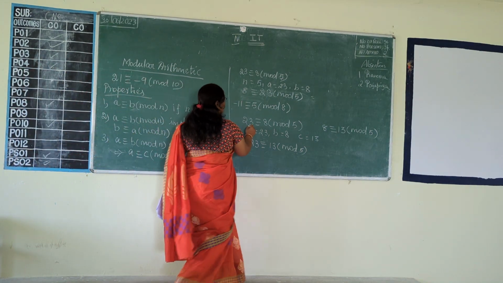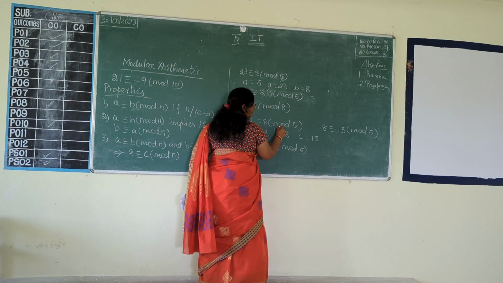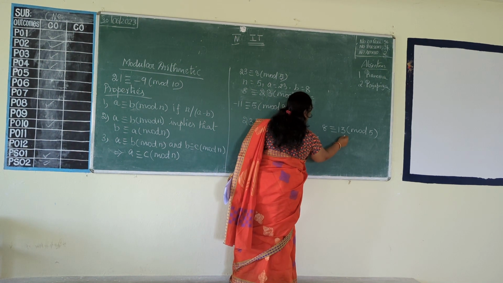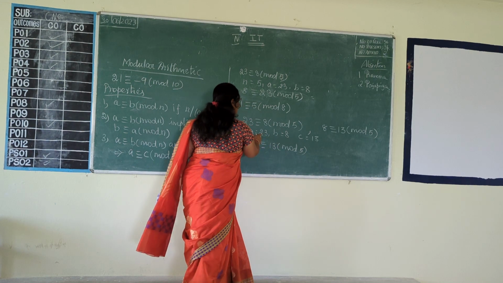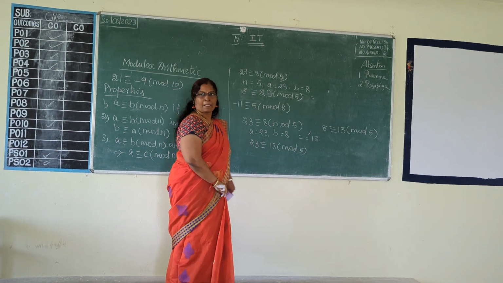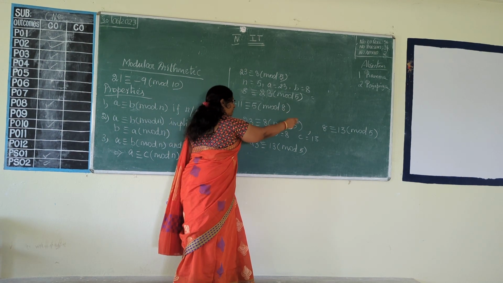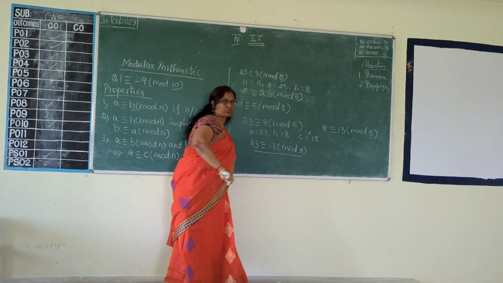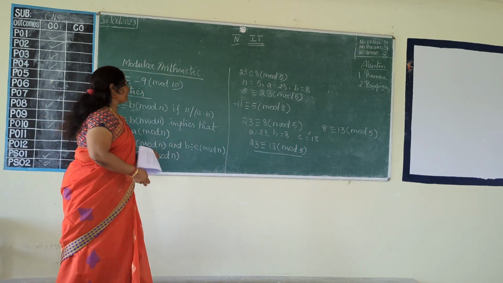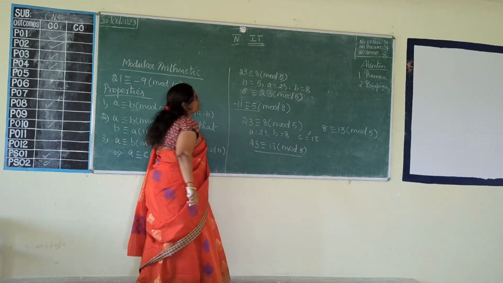So here 23 is congruent to 8 mod 5. That is one equation. Another one, 8 is congruent to 13 mod 5. A is equal to 23, B is equal to 8 and C is equal to 13. So when these two are possible, I can write this one: 23 is congruent to 13 mod 5.